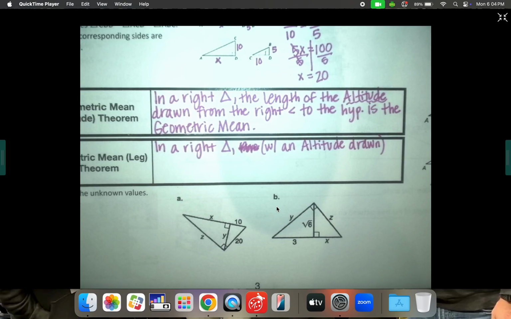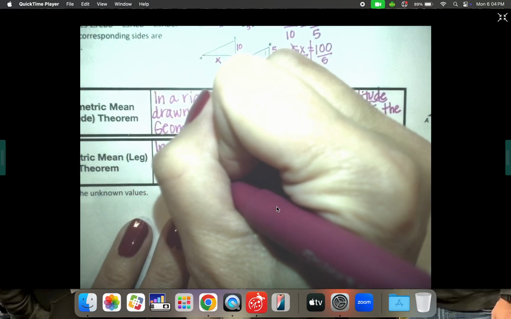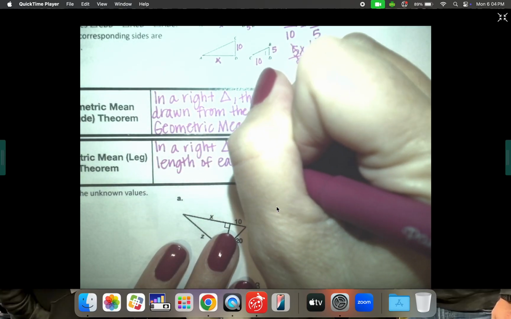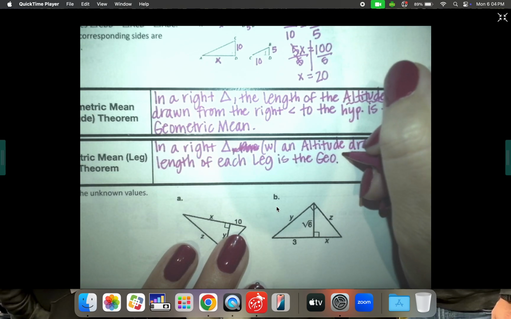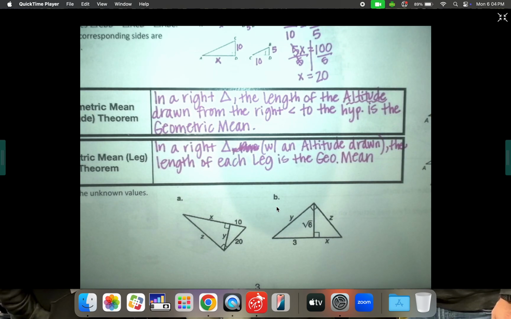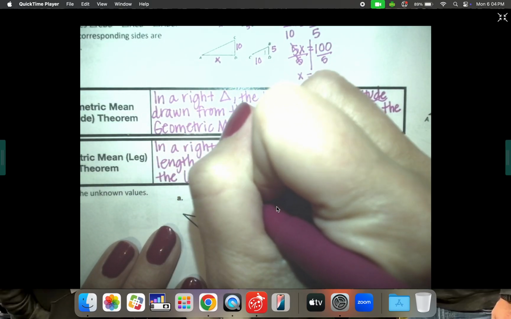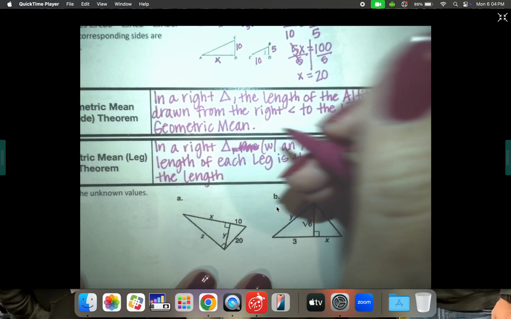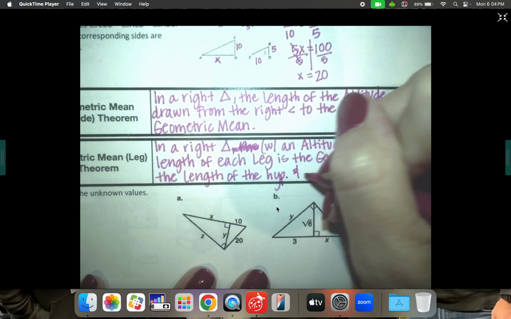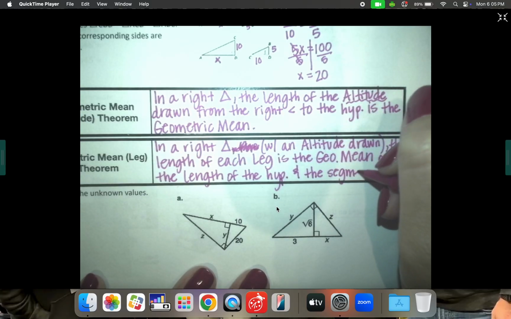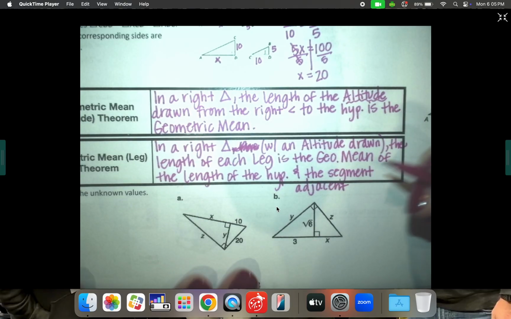So in a right triangle, if the altitude has been drawn, the length of each leg is the geometric mean (I'm going to abbreviate that to geomean) of the length of the hypotenuse, hype again, and the segment adjacent to that leg. We'll look at an example here so you guys can put it all together.